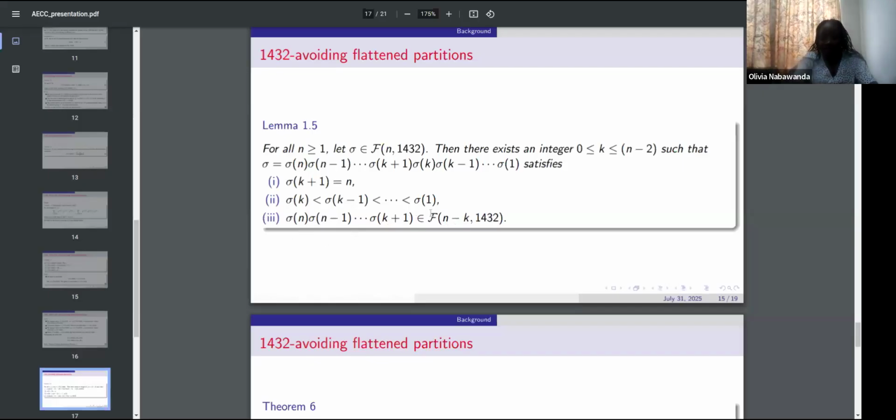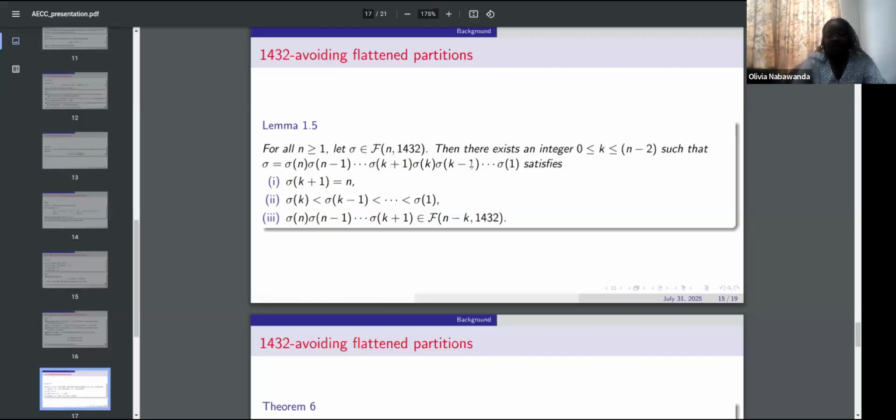And I'll just briefly talk about why this is true. When you look at this form here, we've said that the subword sigma k up to sigma 1 is strictly increasing. So if we delete it from sigma and then reorder the remaining entries, because it is strictly increasing, removing it or adding it will not affect the 1432 avoidance. It will not introduce that pattern at any point.